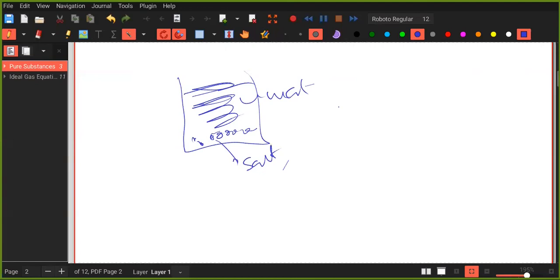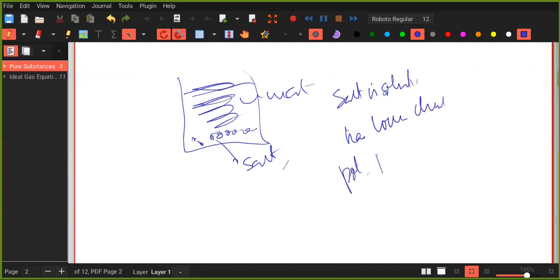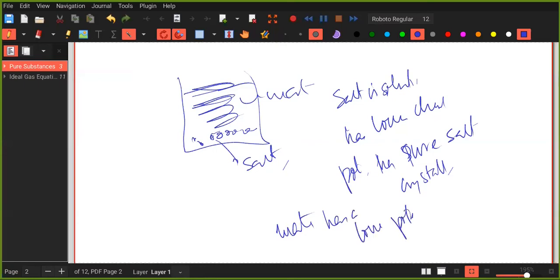We know by experiments that the salt in solution has lower chemical potential than pure salt crystals. Likewise, water has a lower potential in solution form, when it has salt or something mixed into it.